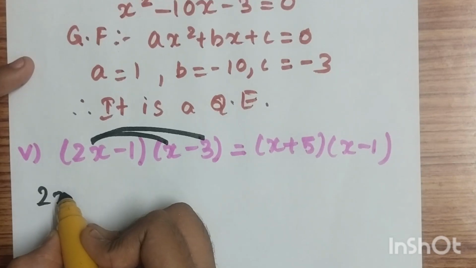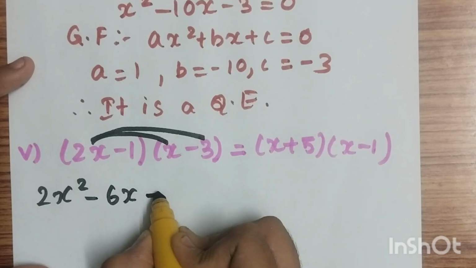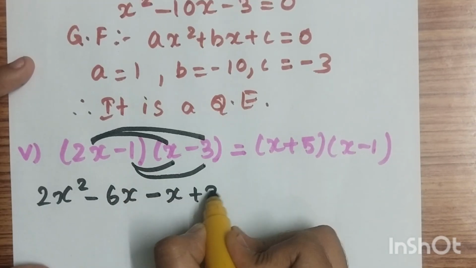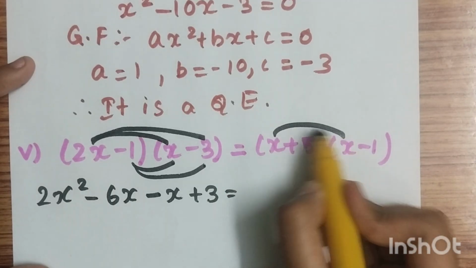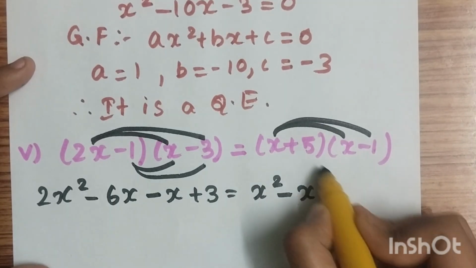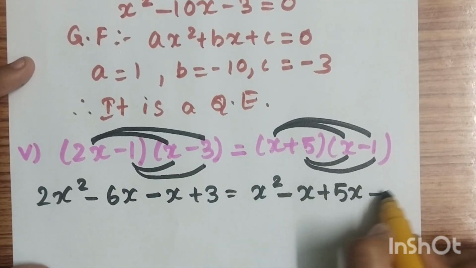So 2x square minus 6x minus x, and then plus 3, and then here multiply. So x into x is x square minus x, and then here plus 5x and minus 5.